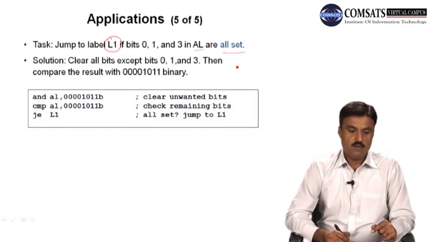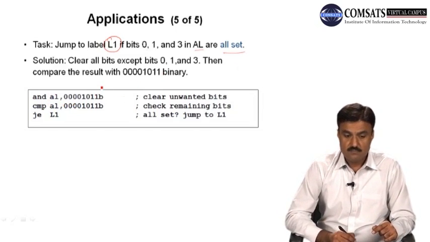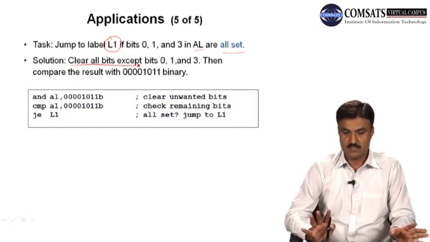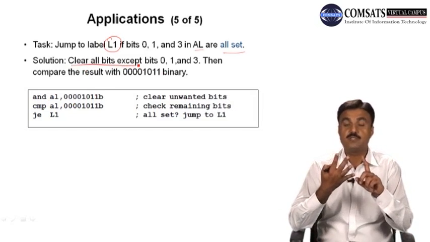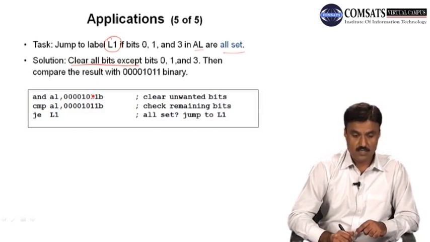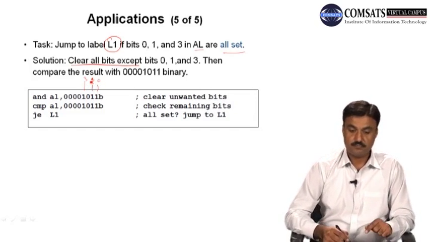Here you can see first we clear all the other bits except bit number 0, 1 and 3. Bit number 2 we are not concerned with.